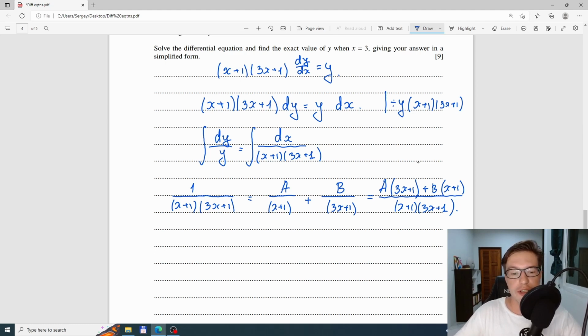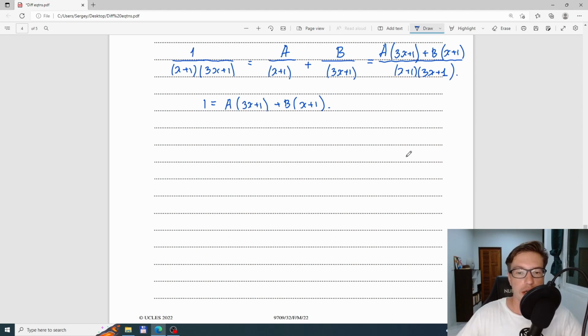Basically, I'm trying to find the numbers a and b such that 1 would be equal to a times 3x plus 1 plus b times x plus 1. Now, a times 3x plus 1 plus b times x plus 1 should always be equal to 1, no matter what x is. So that means I can substitute any x I find convenient.